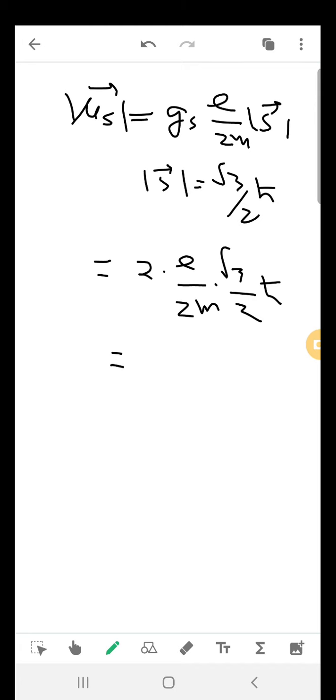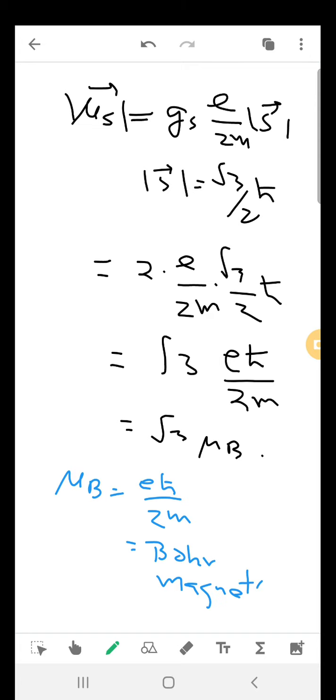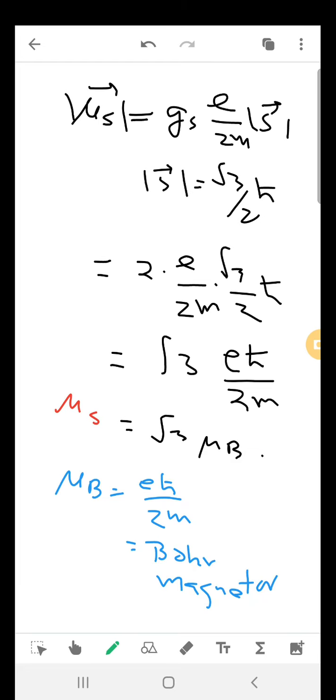So it ultimately turns out to be root 3 h cross by 2m, and we can write this as root 3 into mu b, where mu b is equal to h cross by 2m, a unit of angular momentum, and it is called the Bohr magneton. So mu s has been found to be equal to root 3 mu b.